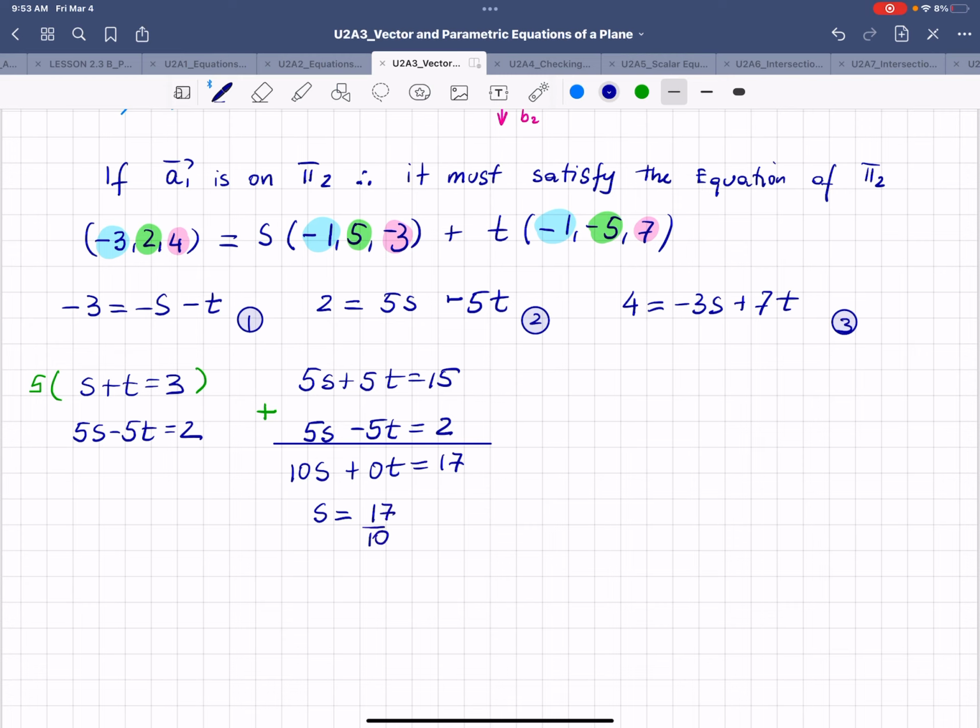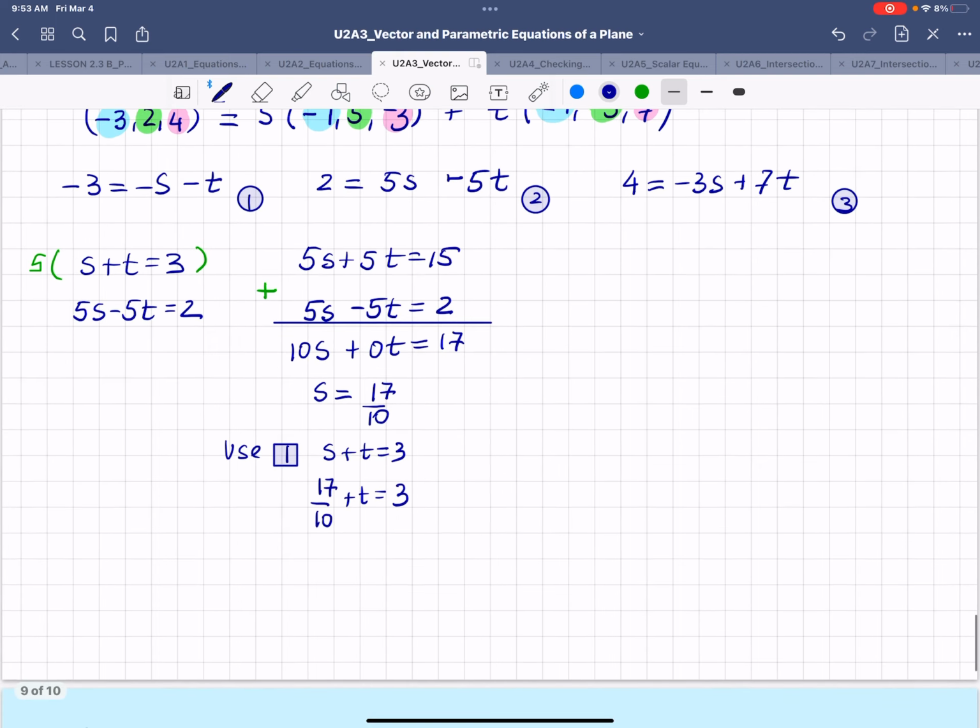With this S value, we are going to use equation 1 to solve for the value of T. So S plus T equals 3, means that 17 over 10 plus T equals 3, which means T equals 3 minus 17 over 10, or T equals 30 minus 17 over 10.